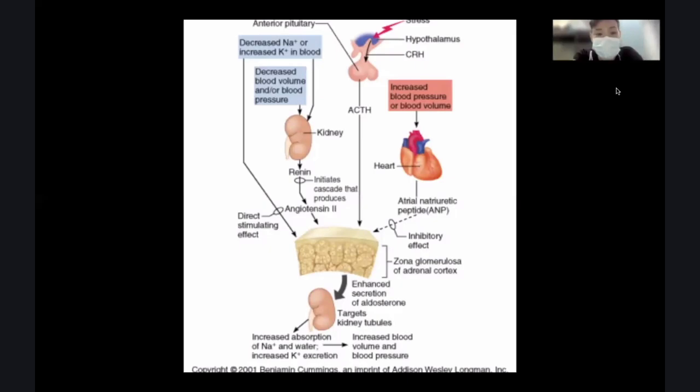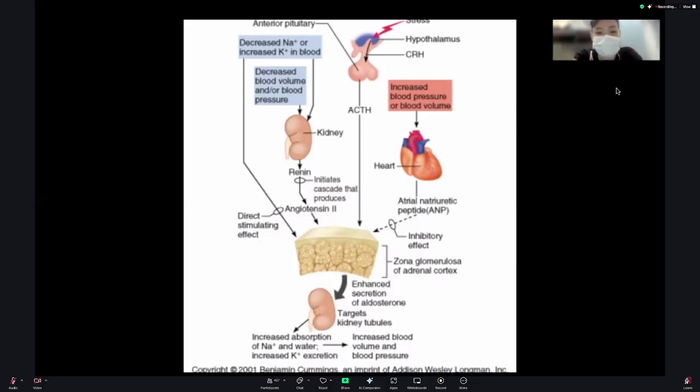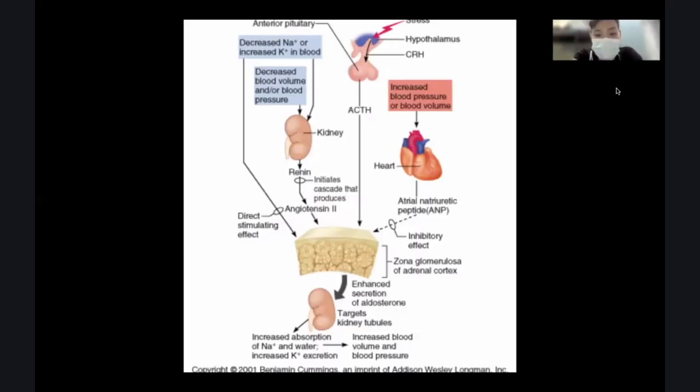electrolytes and fluids. So again, if there is decrease in sodium or increase in potassium in the blood, it has a direct stimulating effect on your adrenal gland, specifically at the zona glomerulosa of your adrenal cortex. There would be enhanced secretion of aldosterone.